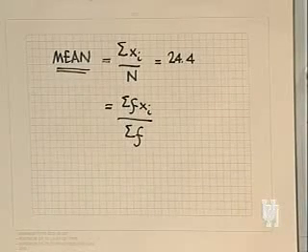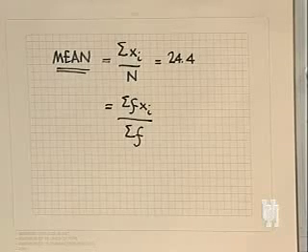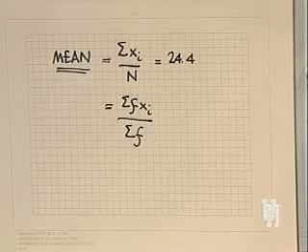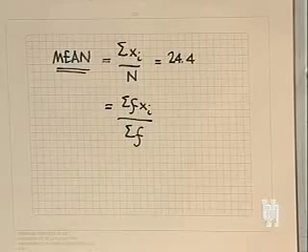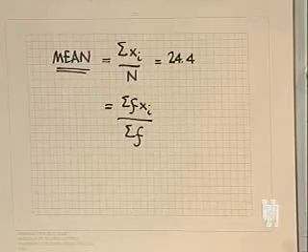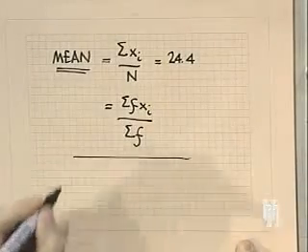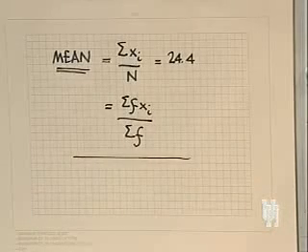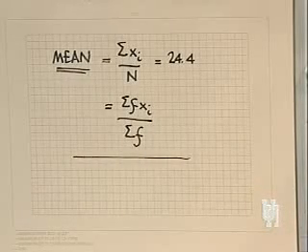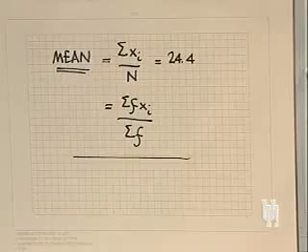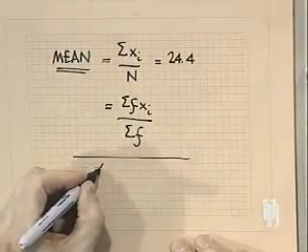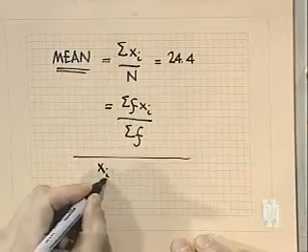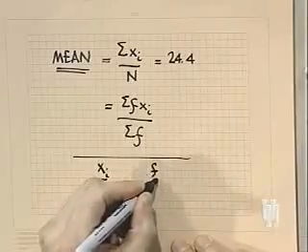The sum of fxi divided by the sum of f. If you recall, on the frequency distribution that describes the data set on page 37, you had two columns, one headed xi and one headed f.